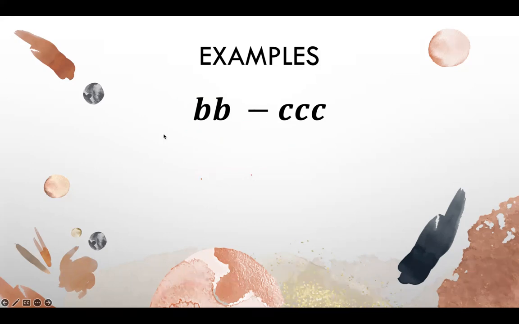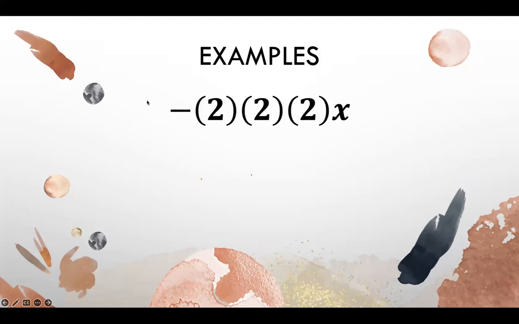Okay, another example. Negative times the quantity of 2 times the quantity of 2 times the quantity of 2 times x. Is negative being repeated here? No. So make sure that negative is not being raised by an exponent. So 2 is being repeated 3 times.